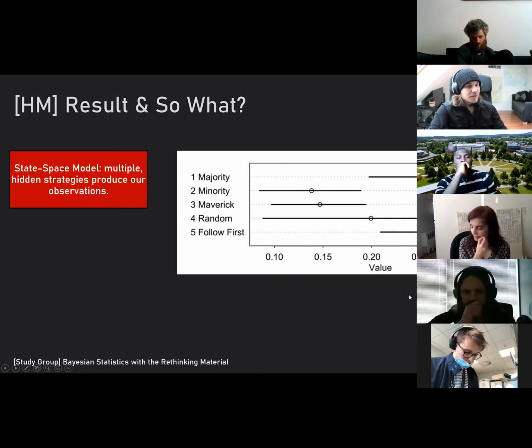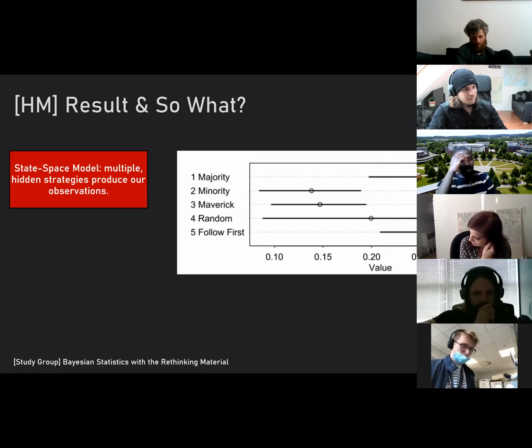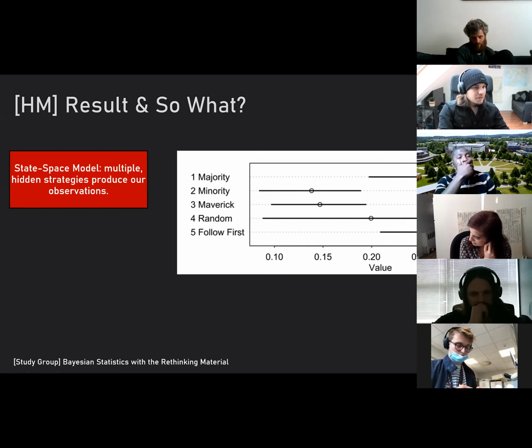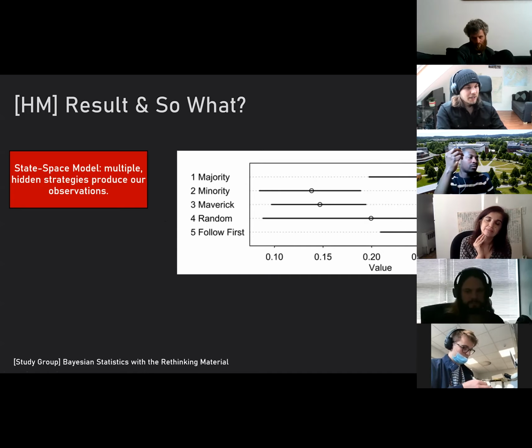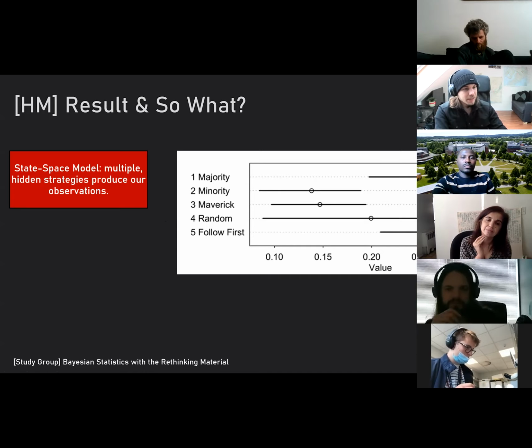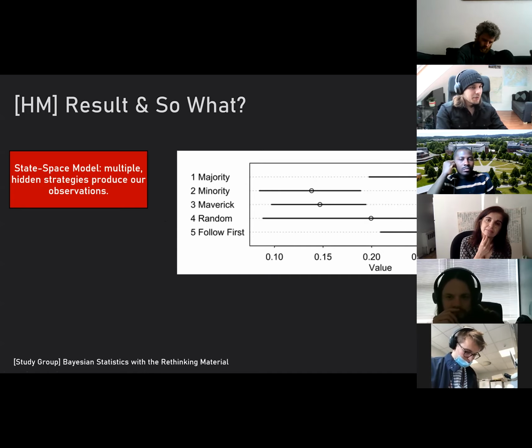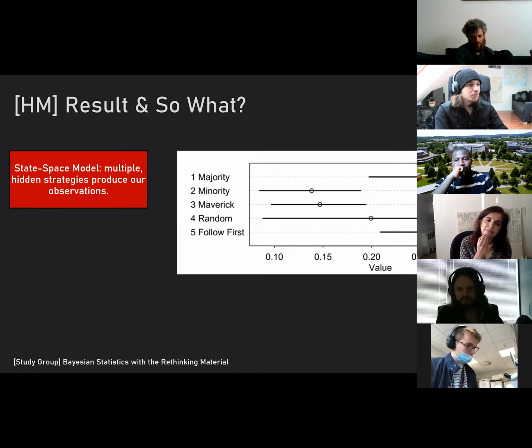So this is also what we refer to as a state space model, where we have multiple hidden strategies which produce our observations, and it is up to us to identify what these hidden strategies might be, because a purely statistical analysis isn't capable of doing that by itself without some thinking on our end and then engineering the analysis to address these different strategies.